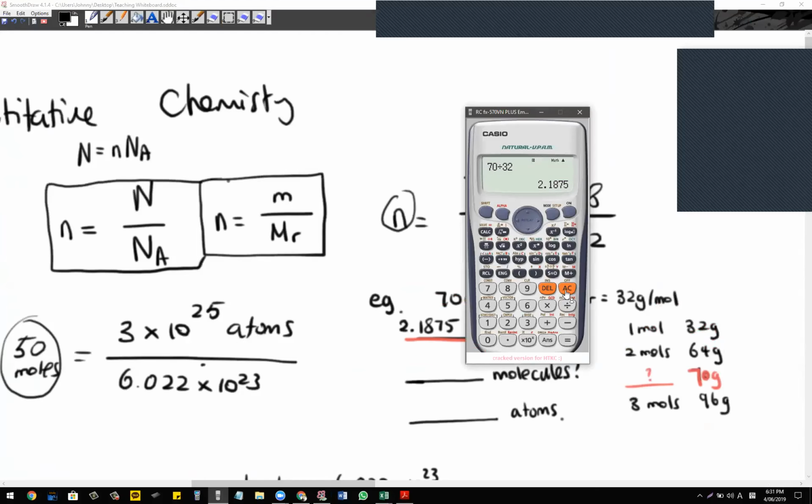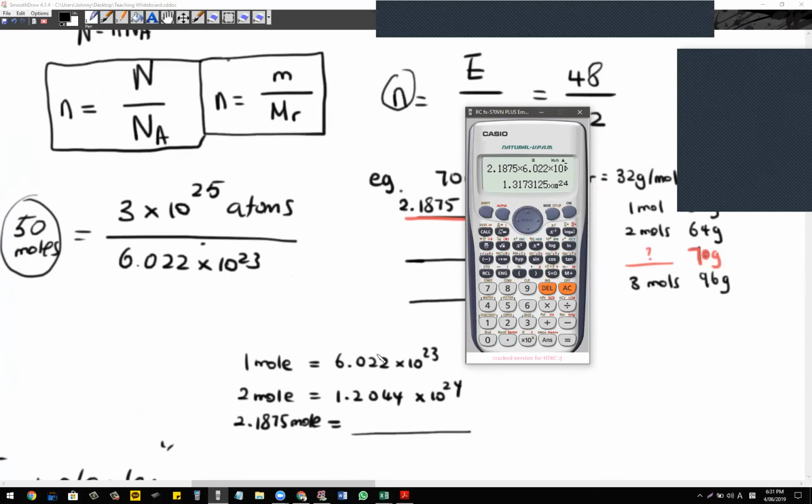So that gives you, we have 2.1875 times that by 6.022 times about 10 to the power of 23. So simply, if you times that by 2, you get this one, right? If you times that by that, then you get this one.